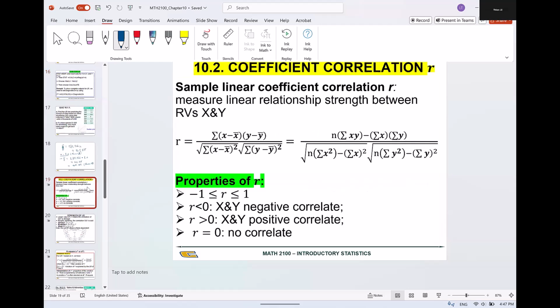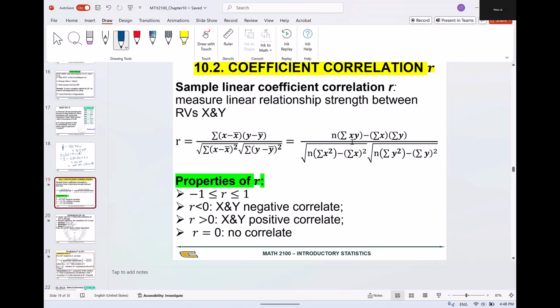So now we will look at the correlation coefficient R, okay? The sample linear correlation coefficient R helps to measure the strength of the linear relationship between two random variables. And we have a formula for that.